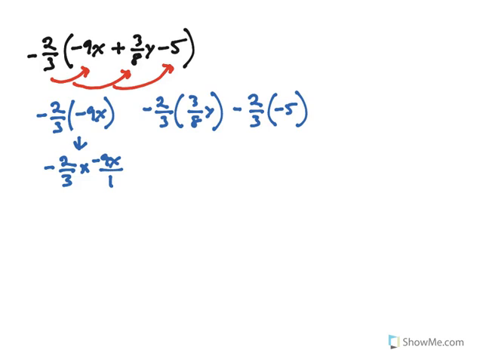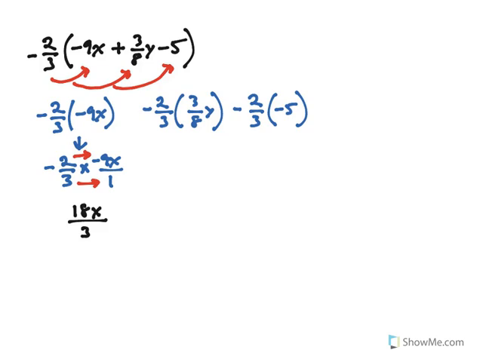So negative 2 times negative 9x is going to equal 18x, all over 3 times 1, which is 3. And then we can reduce this after. Let's just focus on multiplying everything together.